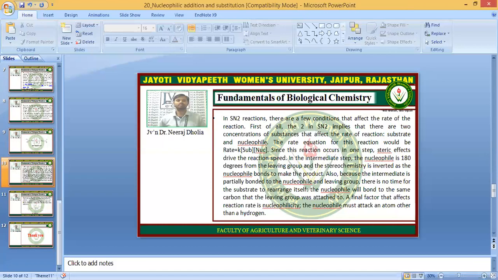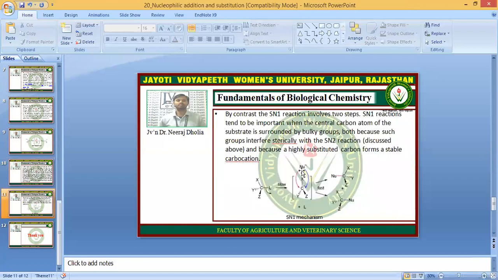By contrast, the SN1 reaction involves two steps. The first is slow and the second is fast. SN1 reactions tend to be important when the central carbon atom of the substrate is surrounded by bulky groups. If there is a bulky group, there is steric hindrance for the nucleophile to attach here.